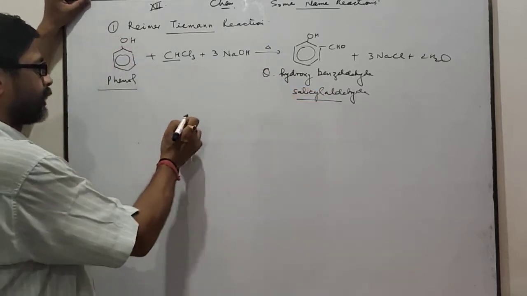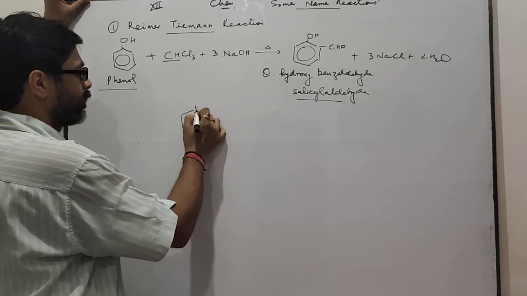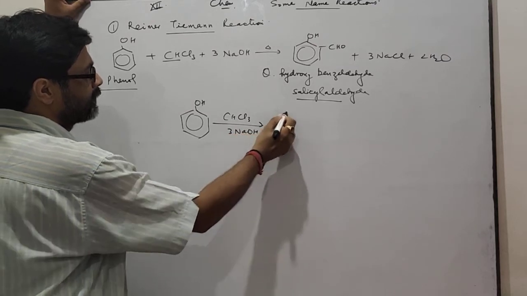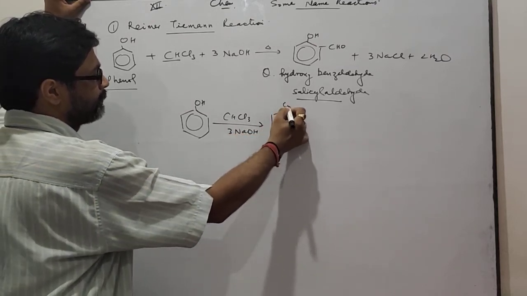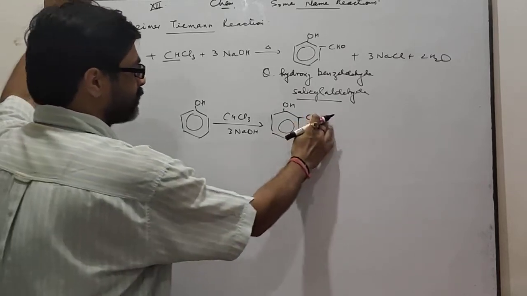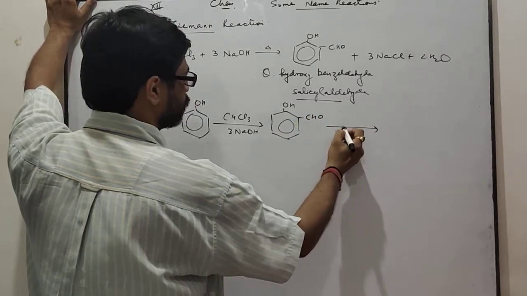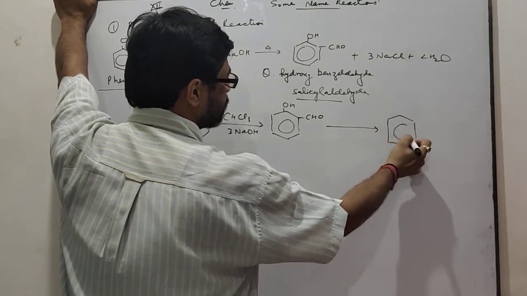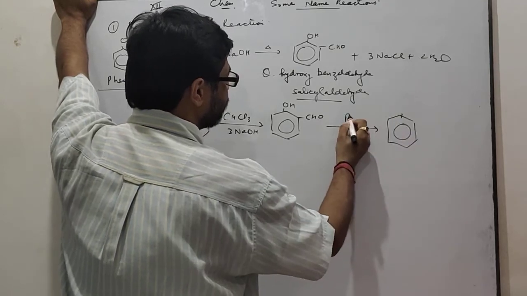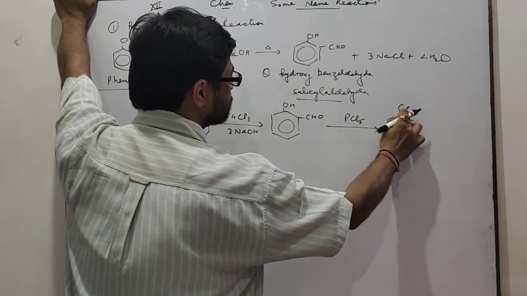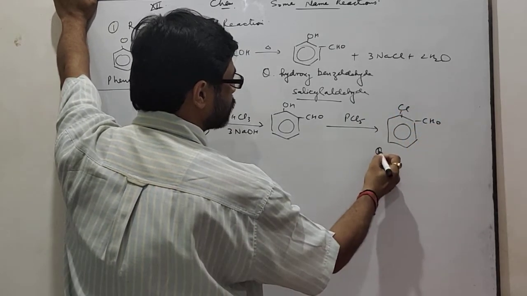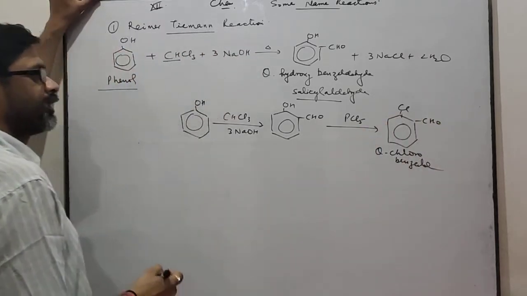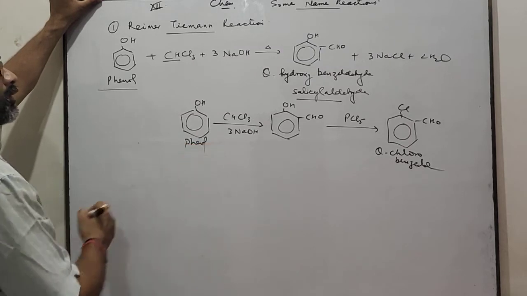And if we want to form orthochlorobenzaldehyde, then we react it with PCl5, which forms Cl, CHO. This one is orthochlorobenzaldehyde. In this way we can get orthochlorobenzaldehyde from phenol.